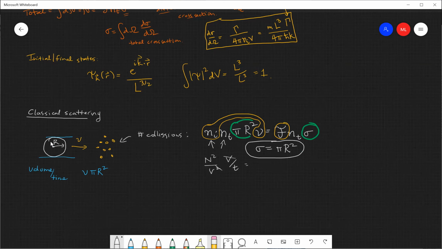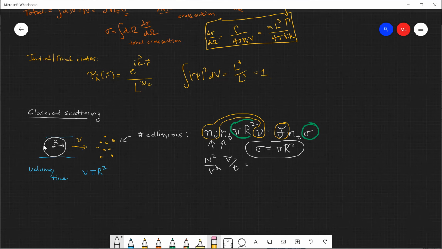And it makes sense because what the cross section tells you, more or less, is the effective area that is seen by the incoming particle. Any target particle within that swept out volume that hits that cross section will collide with the incoming particle.